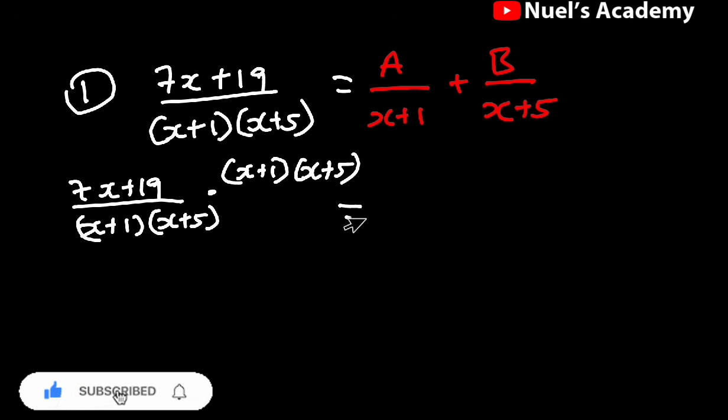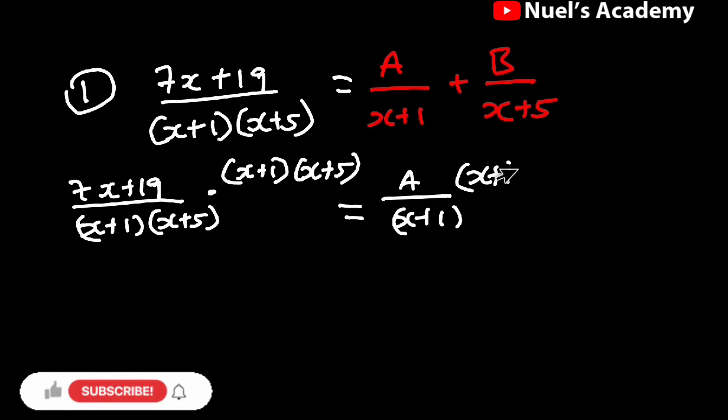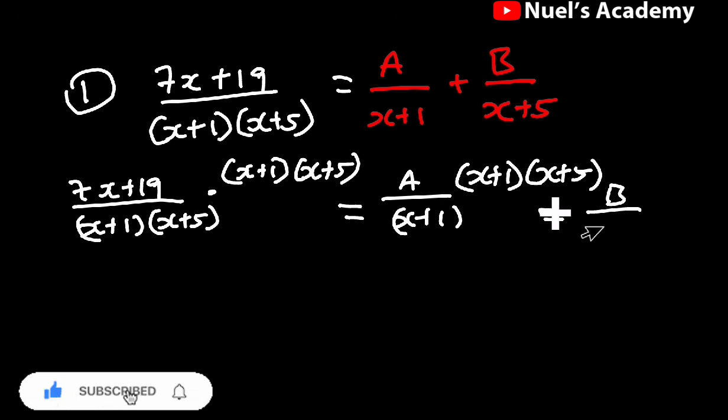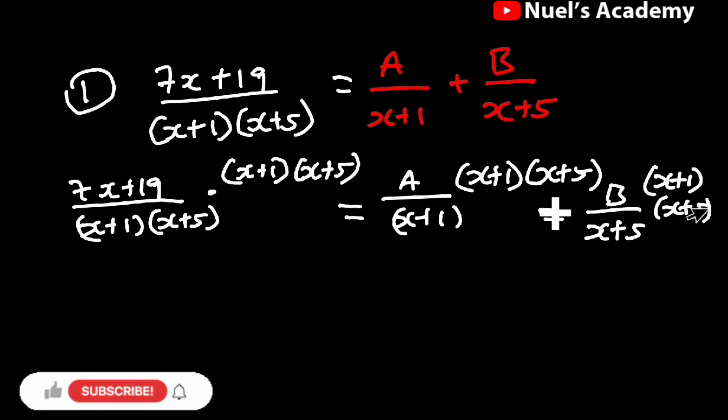Now this is equal to A over x + 1, multiplied by the LCM, which is (x + 1)(x + 5), plus B over x + 5. Let's multiply everything by the LCM, which is (x + 1)(x + 5).